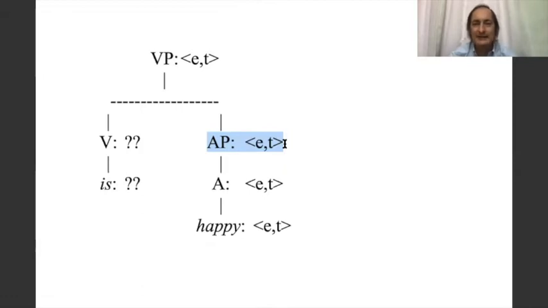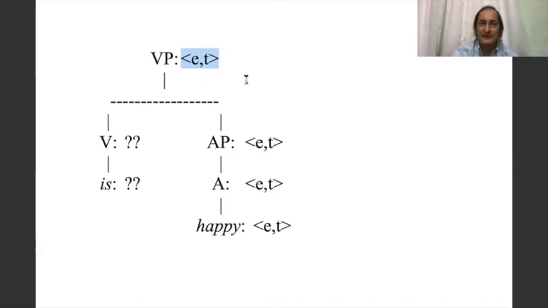So what do we get if AP is the argument and is is the function? What is the type of is in that case? Well, it has to take an ET expression as its argument, and it has to give back another ET expression.